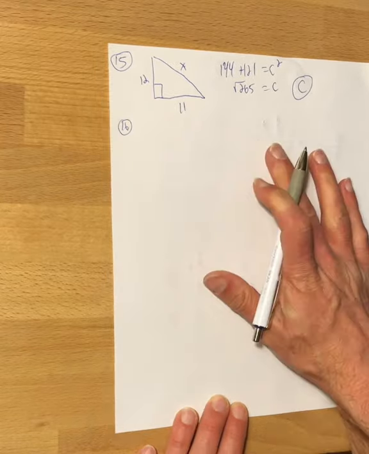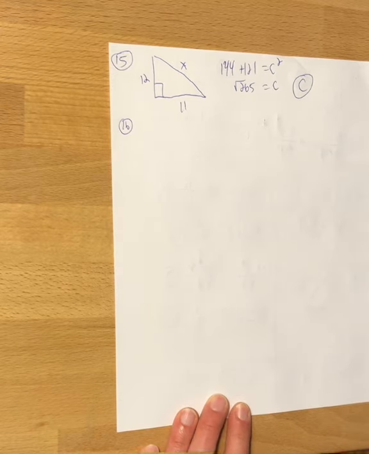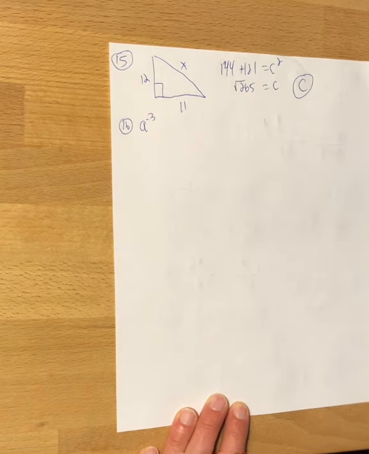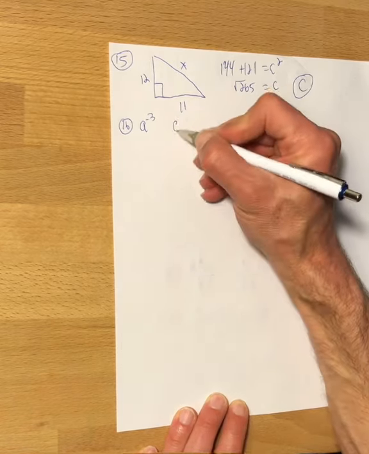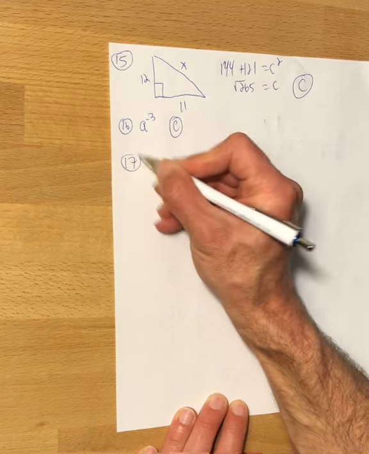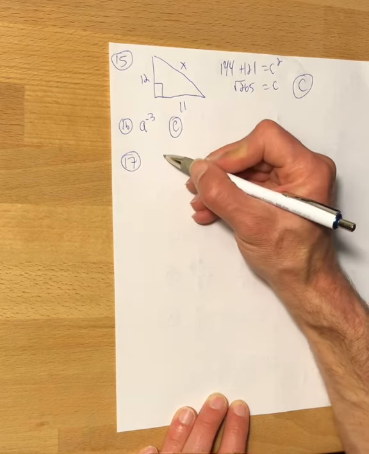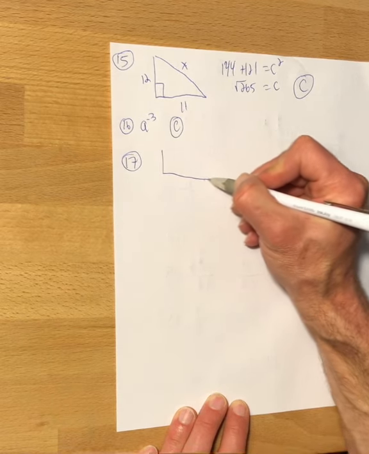Number 16. Simplify, you're going to get a to the negative third, which is 1 over a to the positive third, which is letter choice C. Number 17. The shorter leg of a 30, 60, 90.